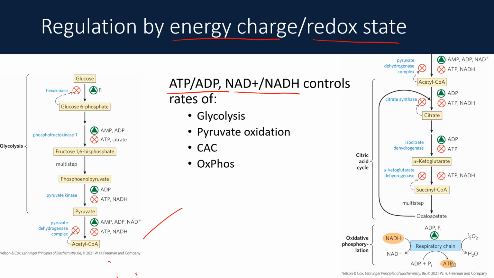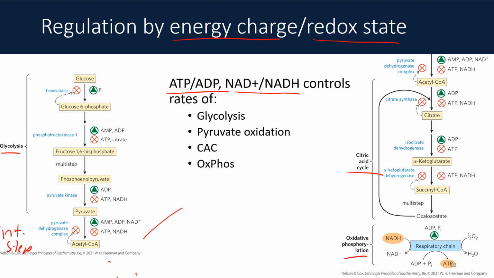And these metabolites are going to be highly influential in controlling the rates of the following processes, starting with glycolysis, of course, the intermembrane step occurring right after, which bridges glycolysis to the citric acid cycle, and then ultimately oxidative phosphorylation.